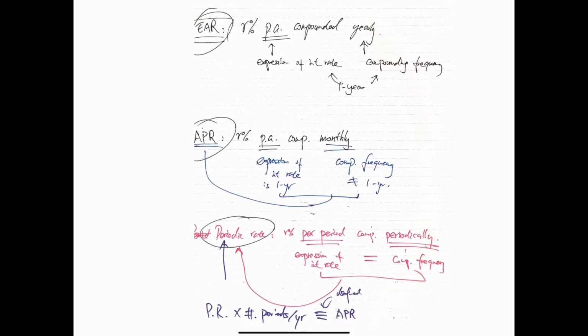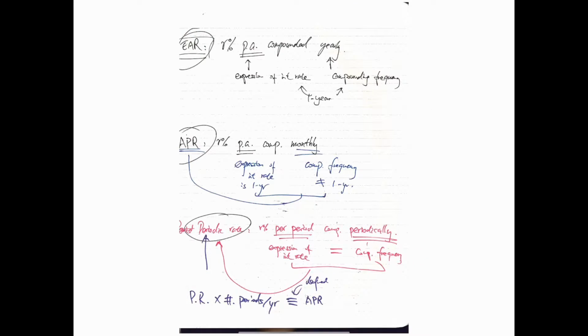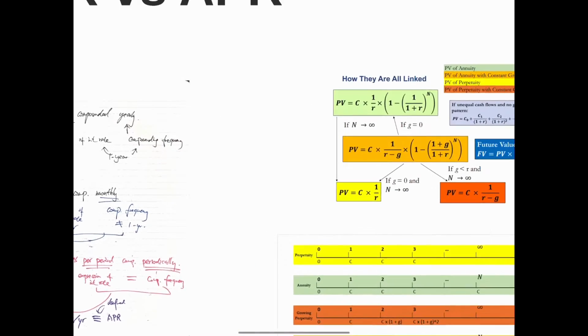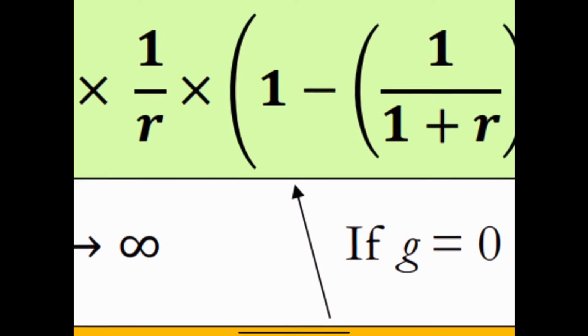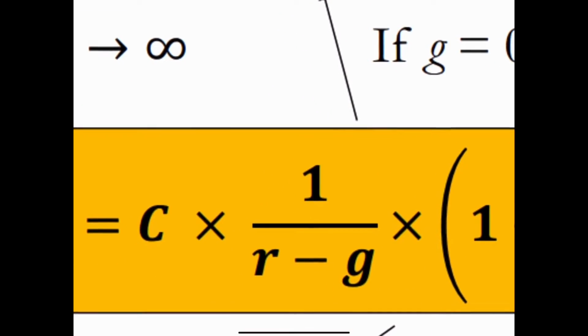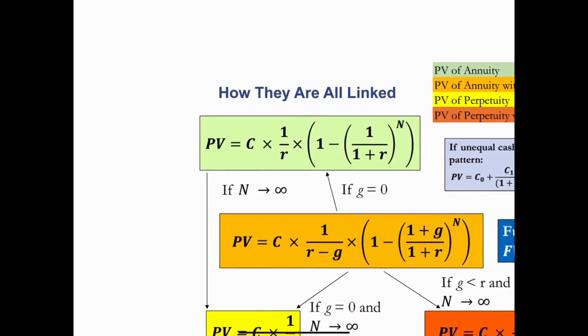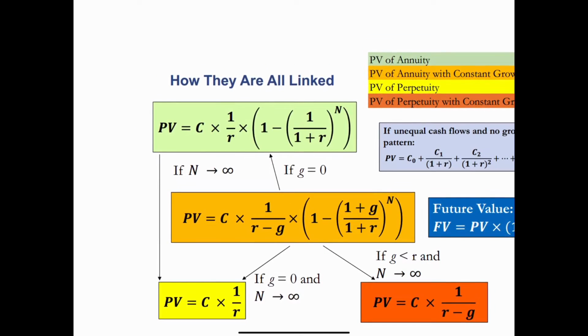All right, so make sure that you get this right, which interest rate to be used, because in these formulas that we learned in week 4, all these interest rates, like R here, R there, R here, and G there, are related to the frequency of the cash flow.